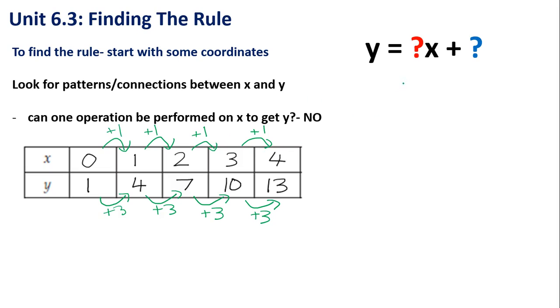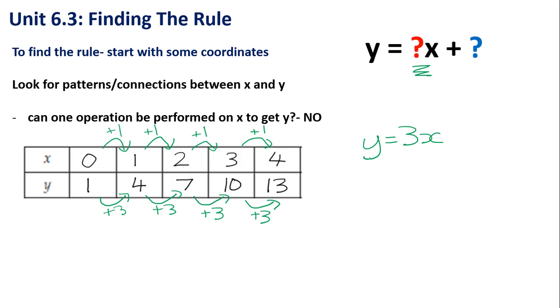And so that's important because that tells us the coefficient of x. It tells us what number to put in front of the x, because this is telling us what to multiply x by. So for every 1x, there is 3y being added. So that means that our rule must be something like this: y equals 3x, because for every 1x, there's 3y.